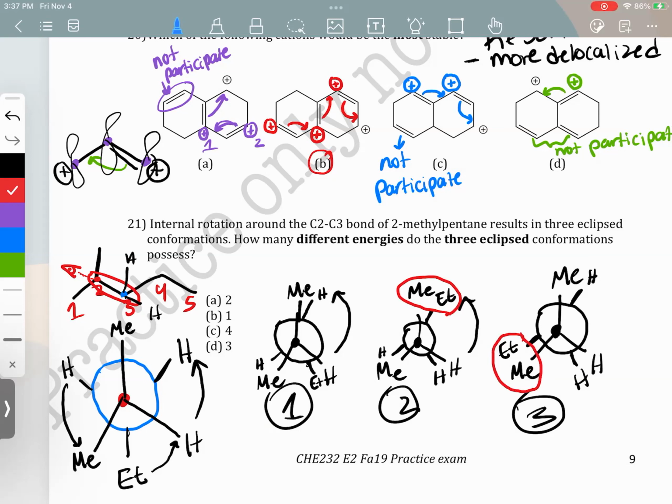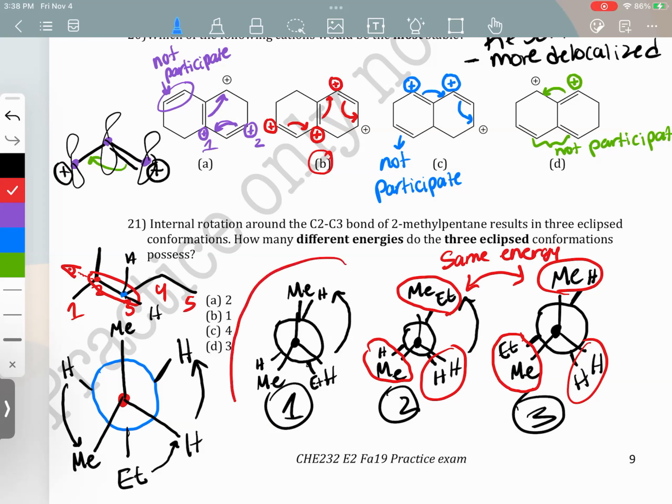But we do see the same energies. There's a methyl close to a hydrogen, same in this one, and these 2 hydrogens are together, same in this one. So these two eclipses have the same energy. This eclipsed conformation is obviously different because all the bigger groups are further apart.